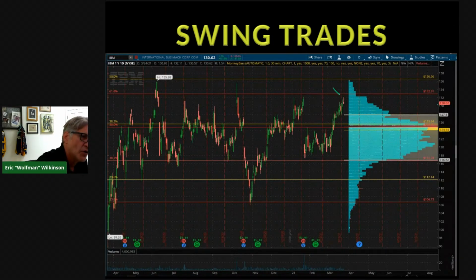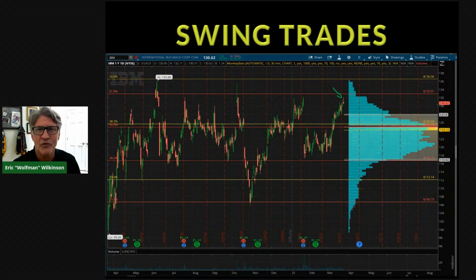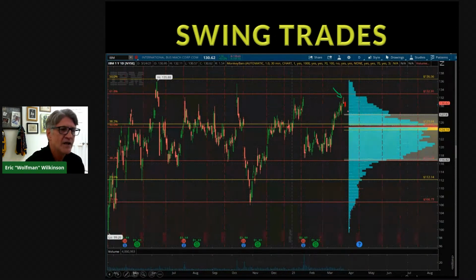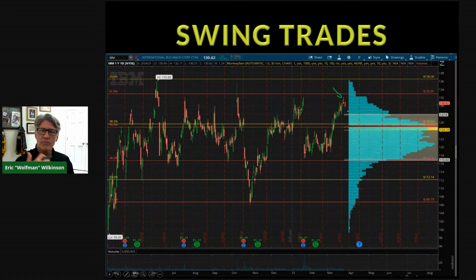Now, newer traders should always wait for this candle to get confirmed. And what I mean by that is, if you're a trader like myself where you have a higher risk tolerance, then you might jump on this trade a little bit early. But if you are a newer trader, wait for this underlying to see a candle that closes below the low of the previous day.